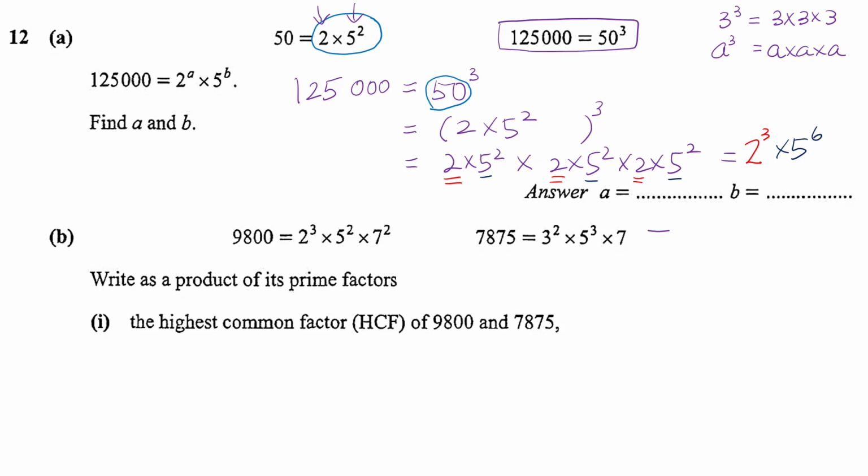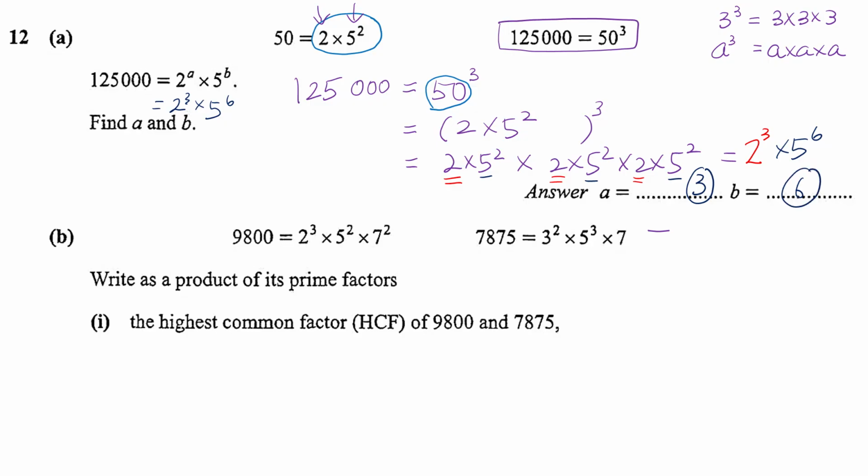And with that, we can write it down: this is 2 to the power of 3 times 5 to the power of 6. You can do a comparison, and you'll see that A is equal to 3 and B is equal to 6.